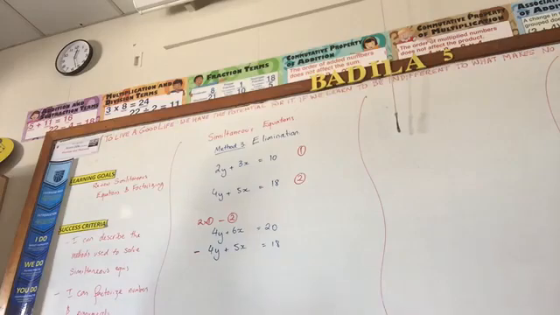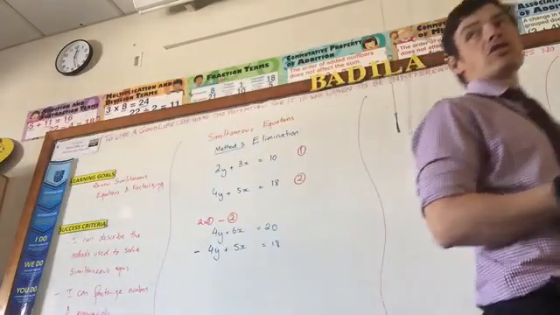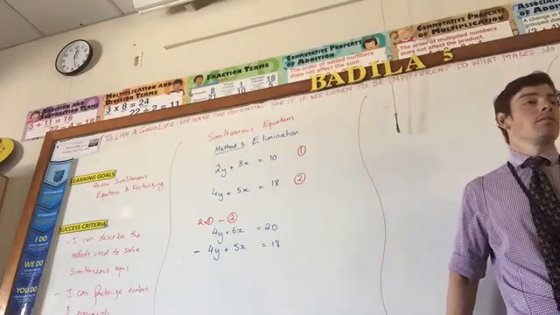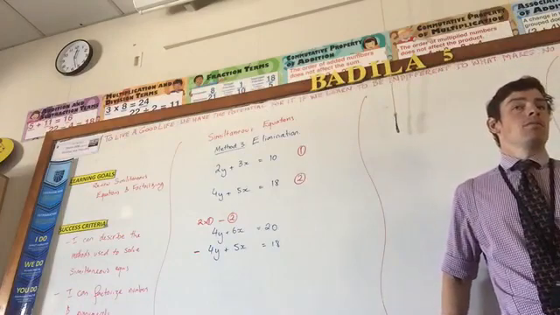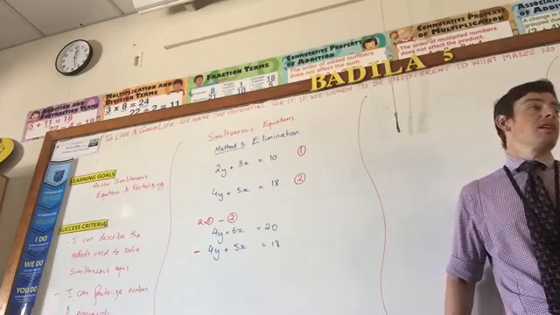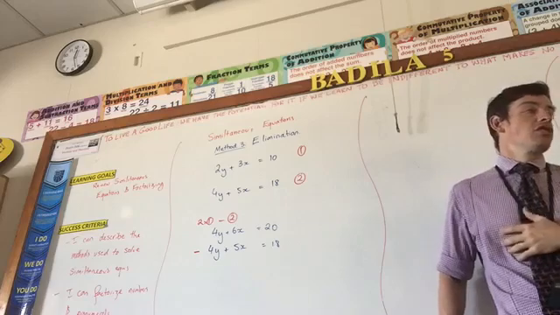Am I allowed to do that? What do we know about simultaneous equations? What do we know about the x and the y value for both equations? Are they different or are they the same? They're the same, aren't they? That's what happens when 2 lines meet. X and y for both functions are the same.